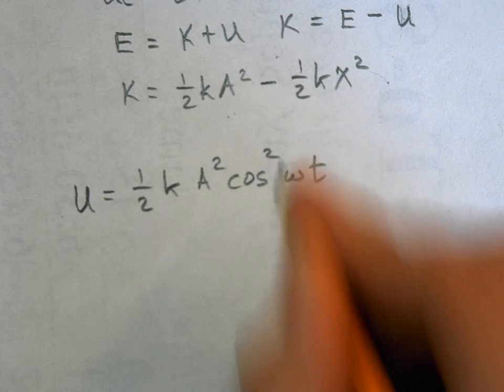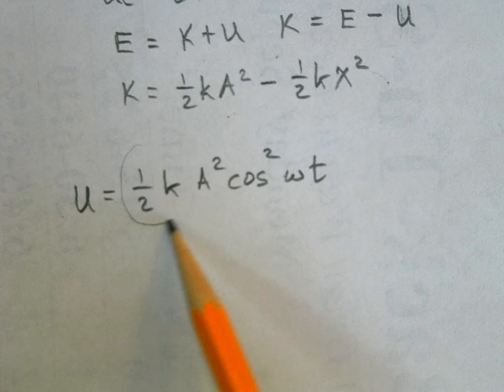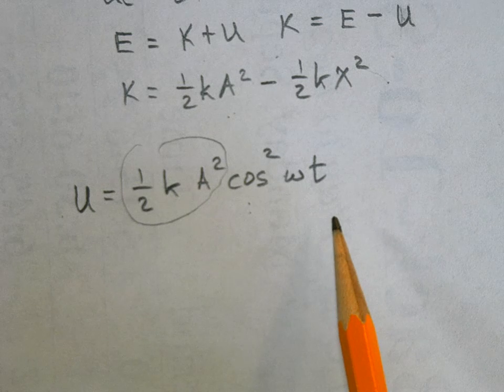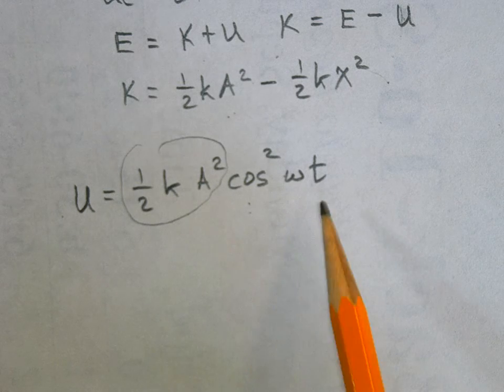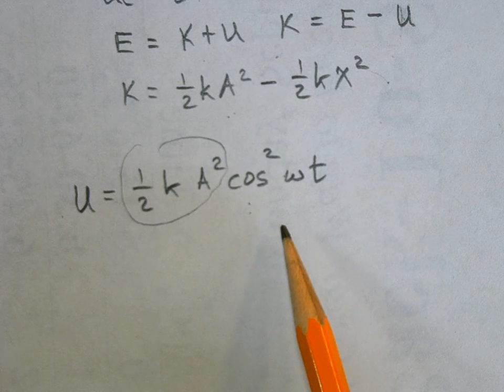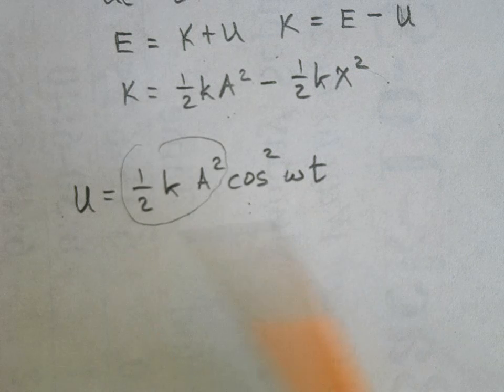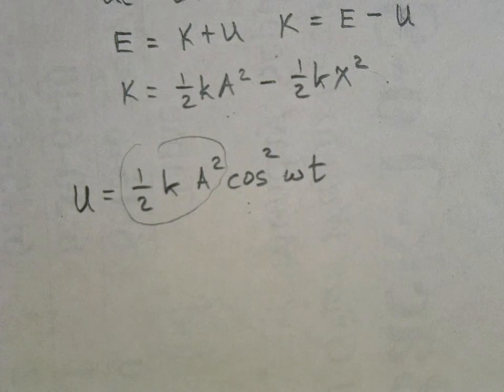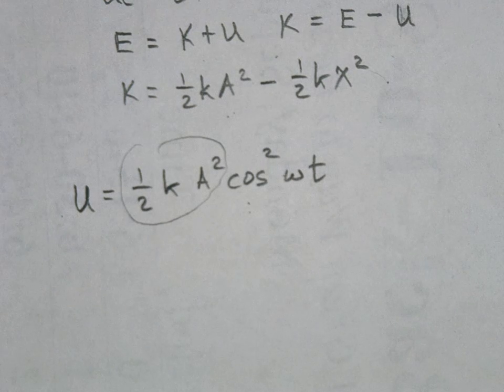So this is all a constant. So really what we're graphing is a cosine squared function. Now this is never negative because it's squared. Everything here is positive. So there's no such thing as negative potential energy in this problem, unlike gravity where you can have it, but on a spring it's always positive.